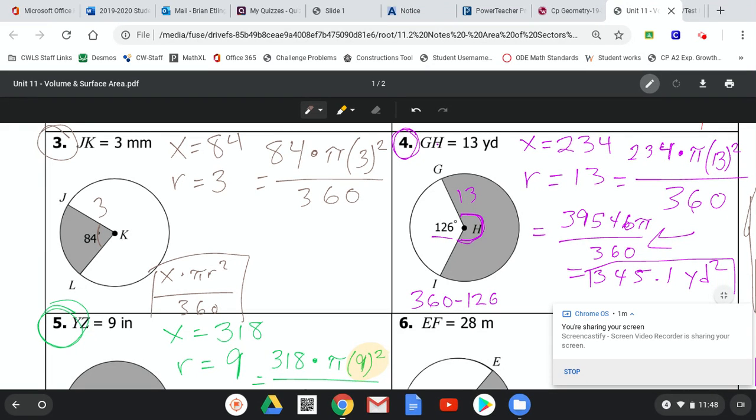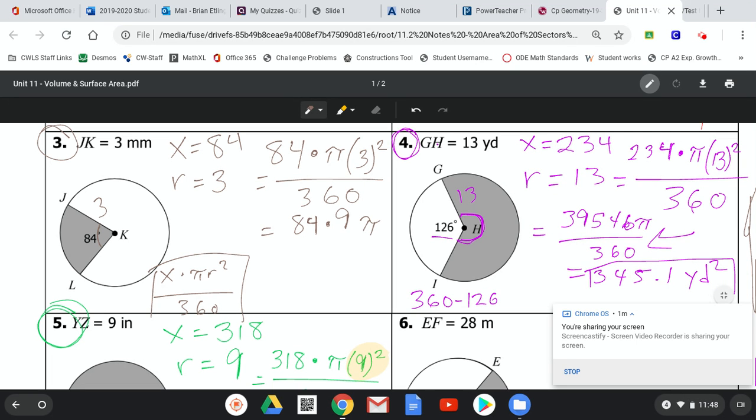All right, so once we do that, when we square the 3, it's going to become 9. You just leave the pi over here like you normally would. So if we rearrange this, we're saying 84 times 9 times pi.